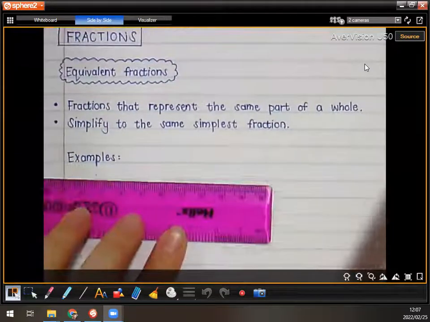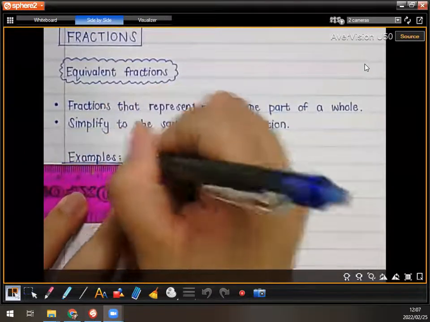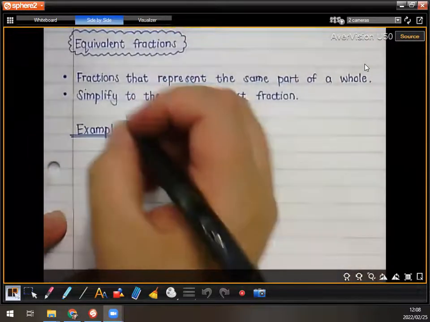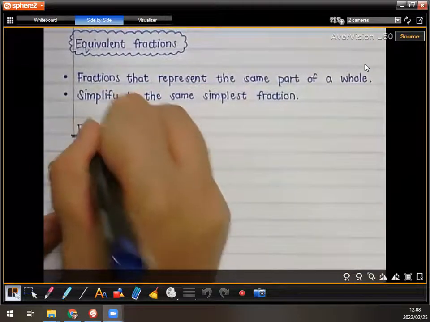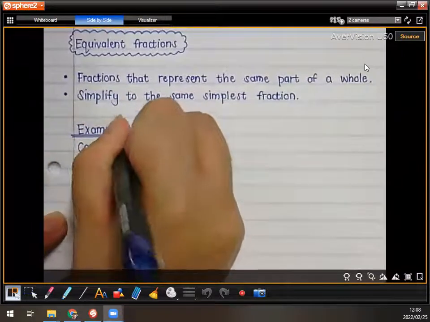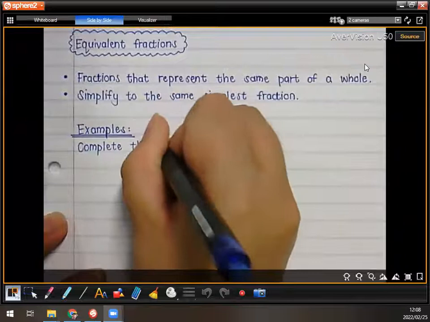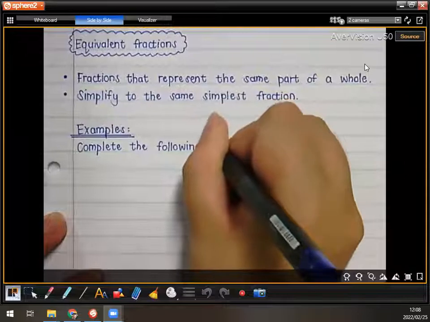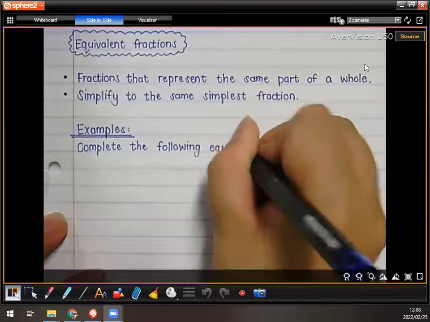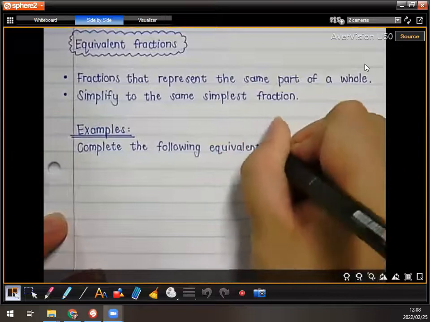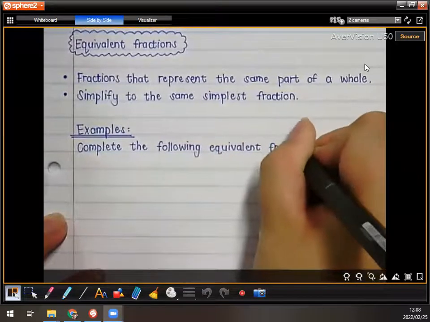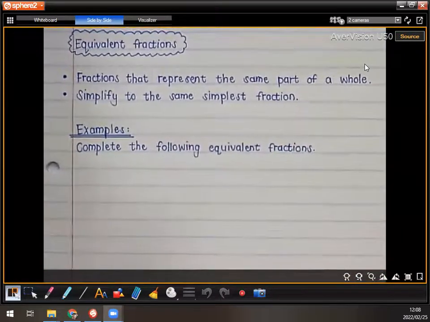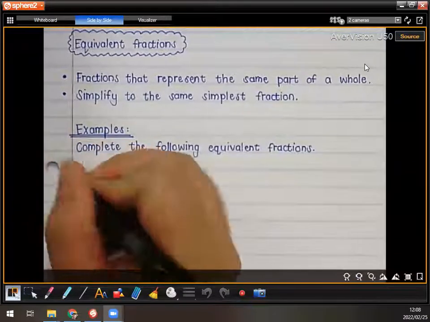Examples: complete the following equivalent fractions. We're just going to do a few of these.